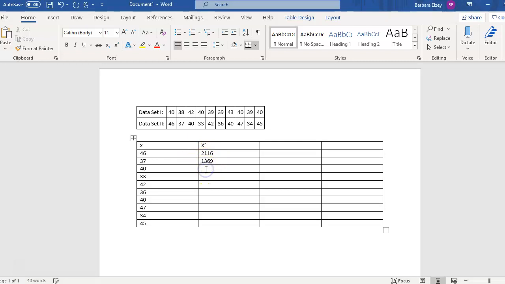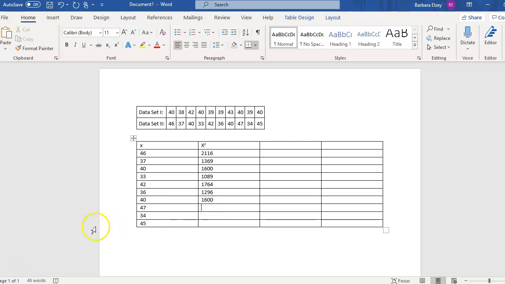And now 40 squared, 40 times 40, which is 1600. And now we'll do 33 times 33. That's 1089. And 42 times 42 gives me 1764. And 36 squared is 1296. And of course, 40 times 40 again is 1600.